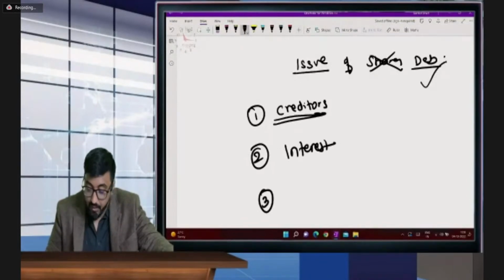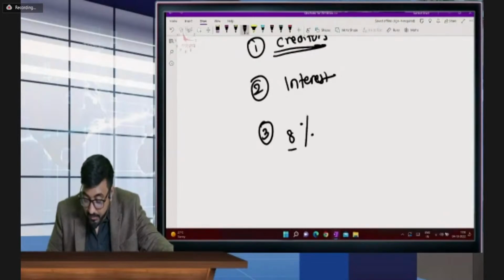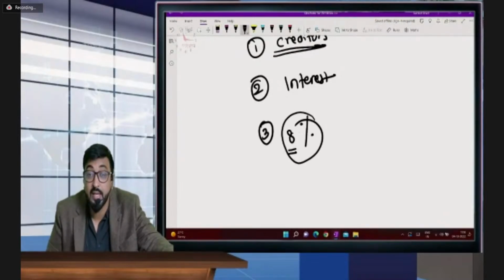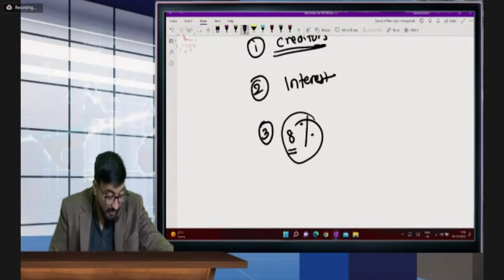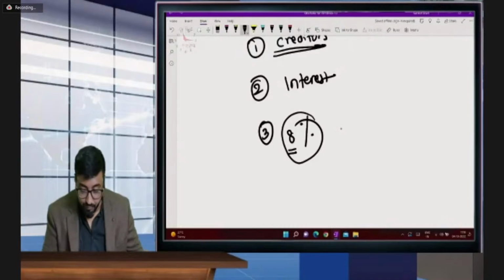Third one, how to write debentures? Debentures, you have to write it like 8%. Now 8%, what does it indicate? 8% indicates the interest rate.